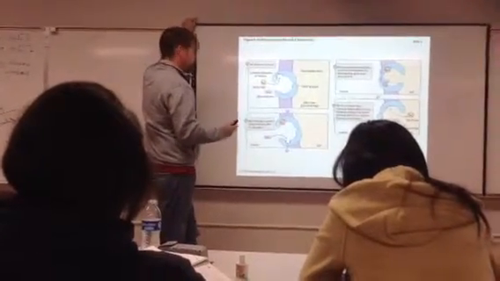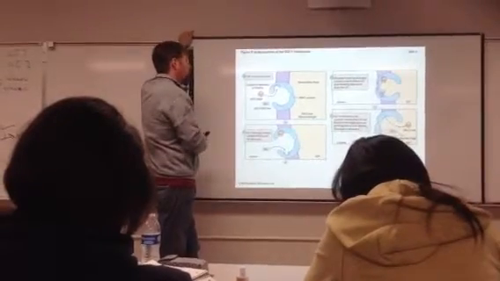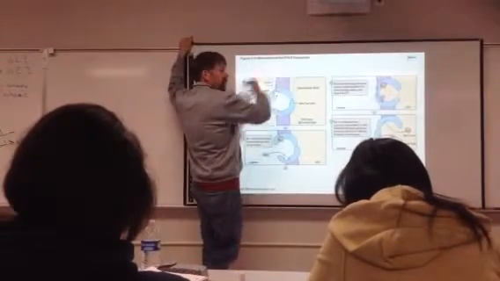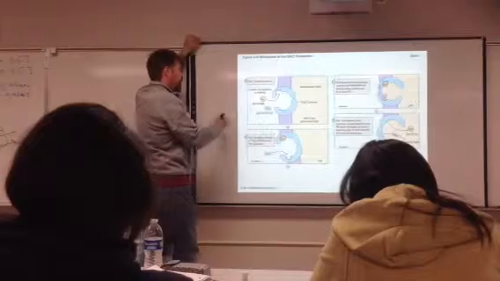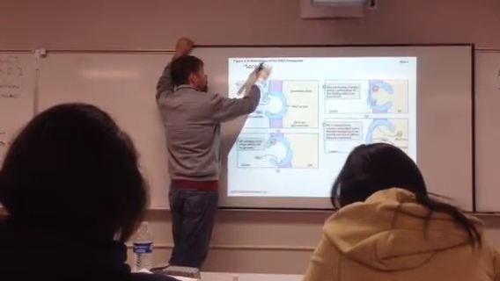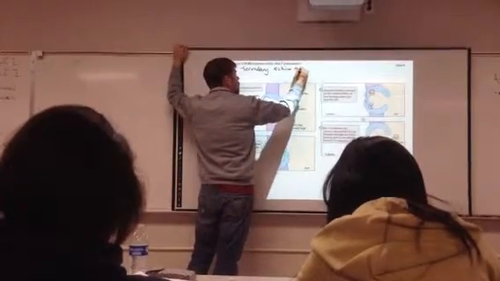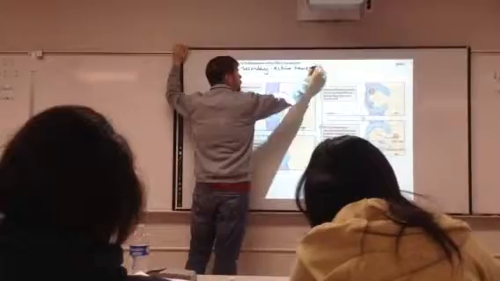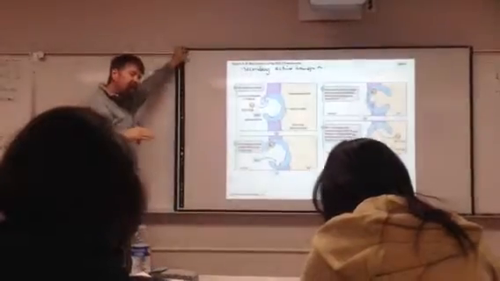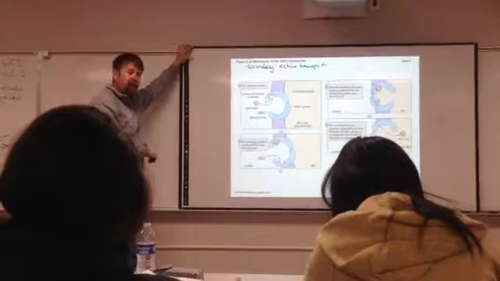This is an SGLT, we say S-GLUT transporter, stands for sodium glucose transporter. It is an example of secondary active transport. And what we're using is the energy from the diffusion of sodium to drive the active transport of glucose.